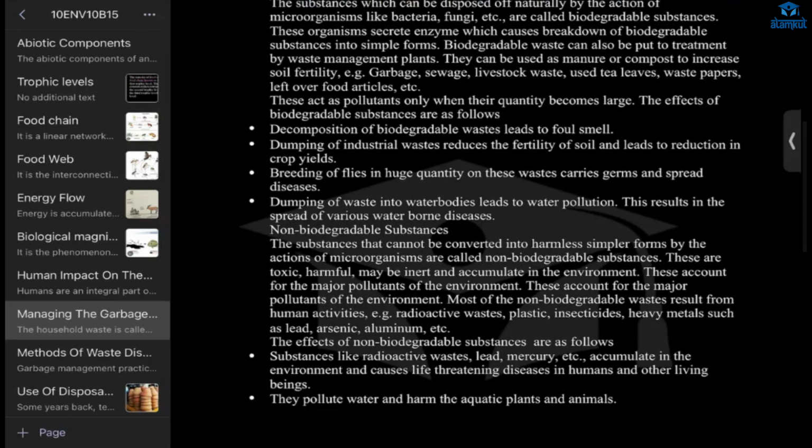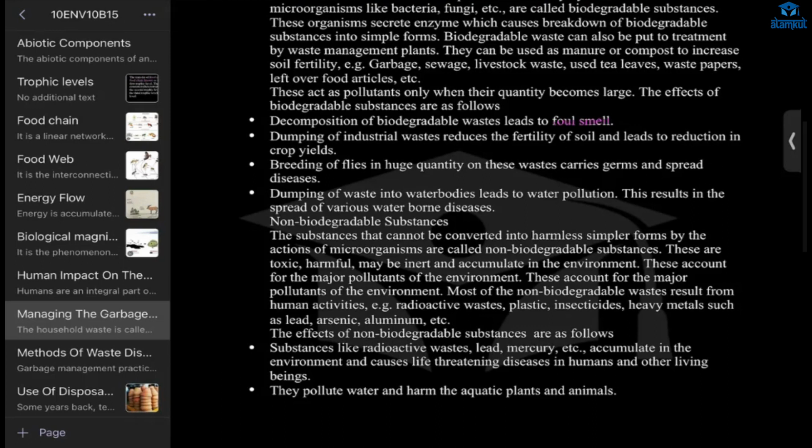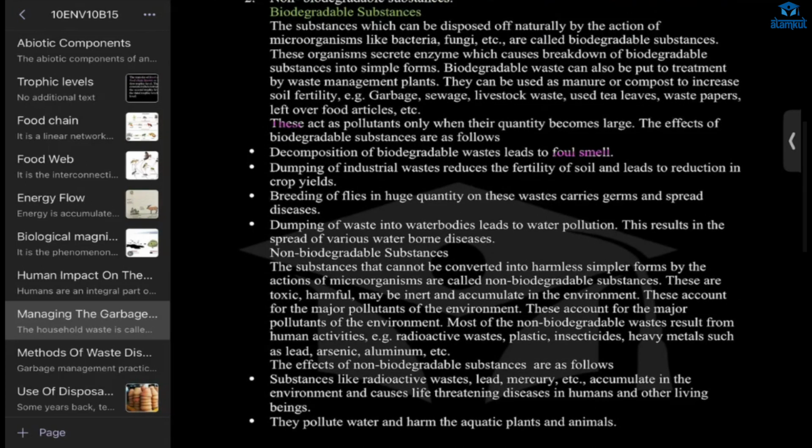Decomposition of biodegradable waste leads to a foul smell, okay? And biodegradable waste will act as a pollutant only when its quantity becomes large. If present in large amounts, only then will it act as a pollutant which damages the environment. Otherwise, it won't be considered a pollutant, okay?